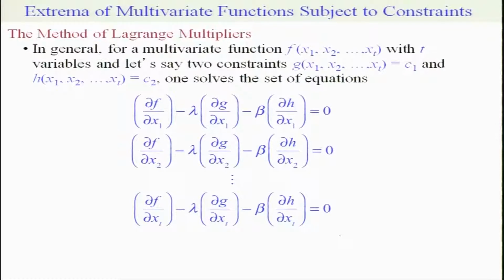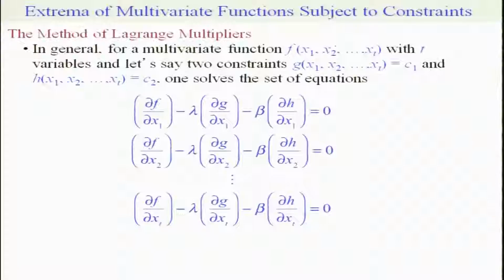Okay. Now, we can generalize this by considering cases where you may have constraints, and in such a case how do you optimize this function w, or in general any function, let us say f, which is a multivariate function which may depend on different variables such as x1 till xt.